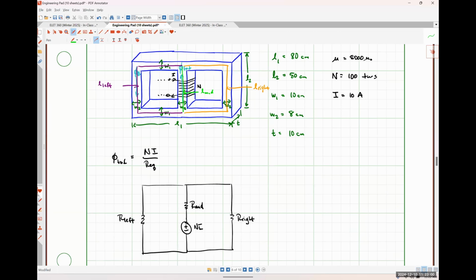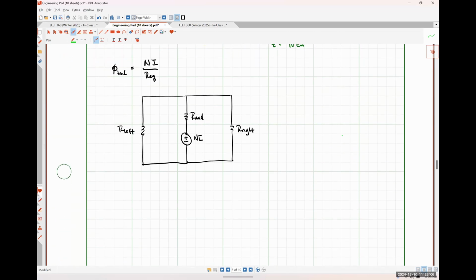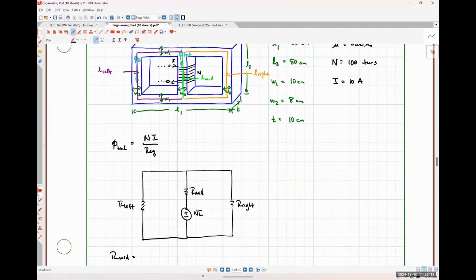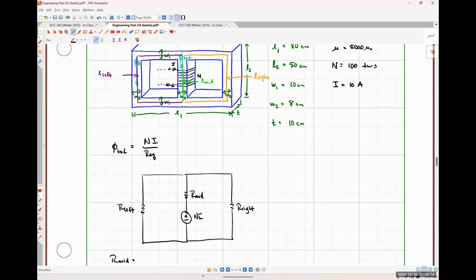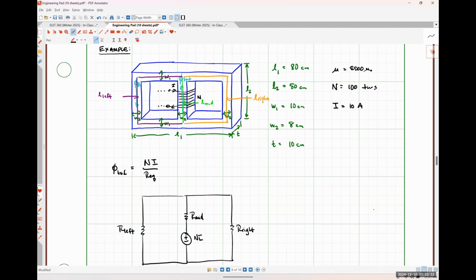Okay, so the easiest part of this thing is probably going to be the middle. So let's go ahead and sort that out real quick. What should the reluctance of my middle path be? Well, it's just the length of the flux path divided by mu times the cross-sectional area, right? So what should my length be here?